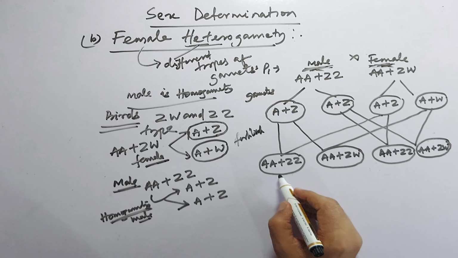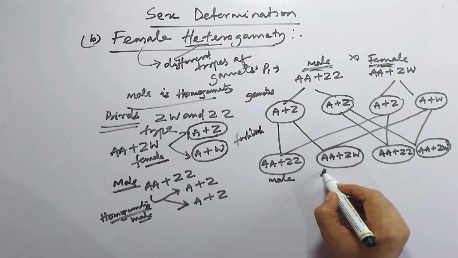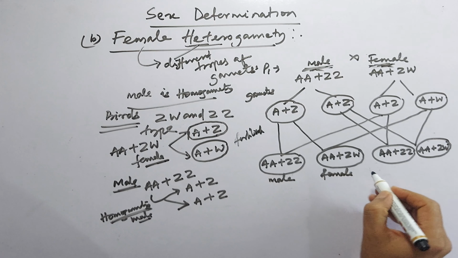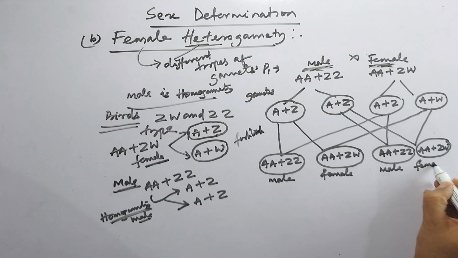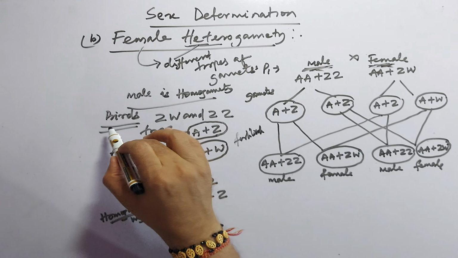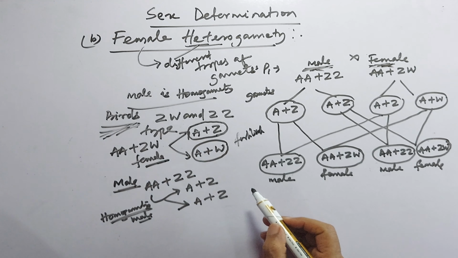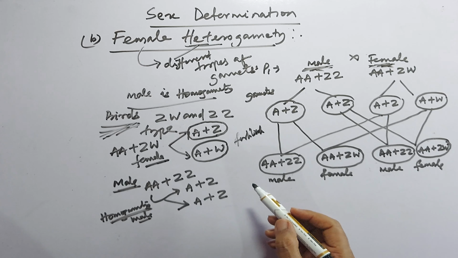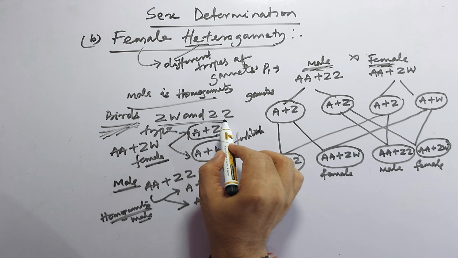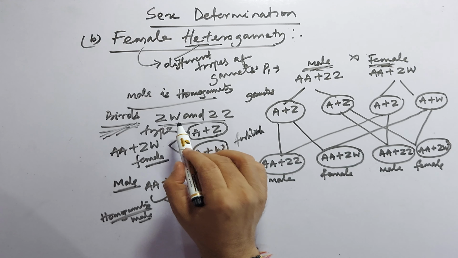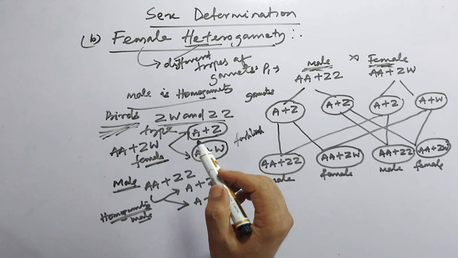This is the male one, this is the female one, this is the male one, and this is the female one. In this way the inheritance pattern in birds is found, and this is called ZZ and ZW type, or sometimes ZW types.